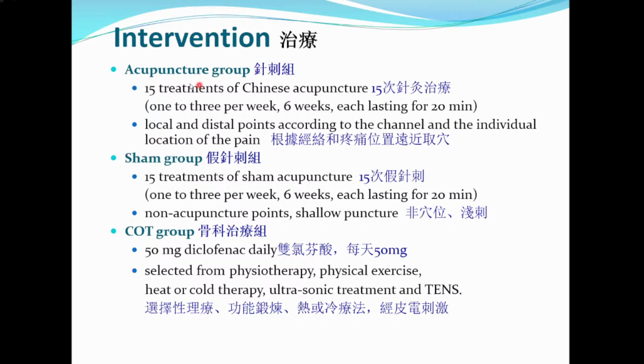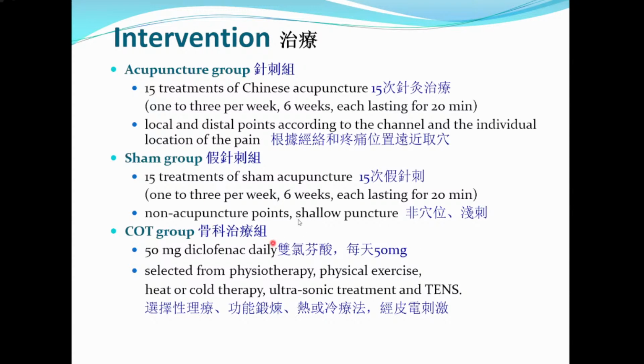So here you can see how they treated patients. The acupuncture group had 15 treatments within 6 weeks, about twice a week, and each time lasted 20 minutes. They used local points in the shoulder area and distal points around the meridians. The sham acupuncture also used 15 treatments, but they mainly put needles in shallow insertion in the leg area, not in the shoulder area.